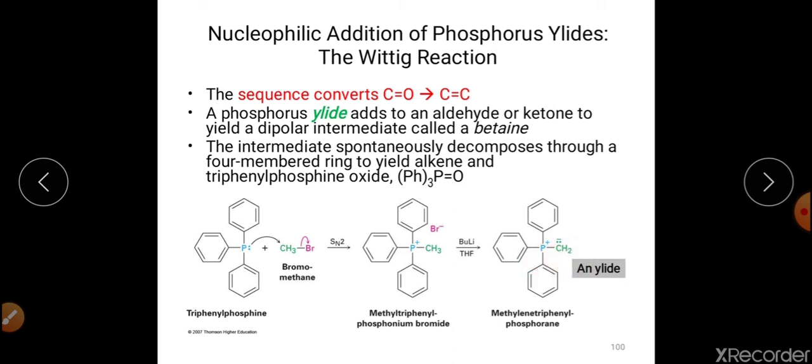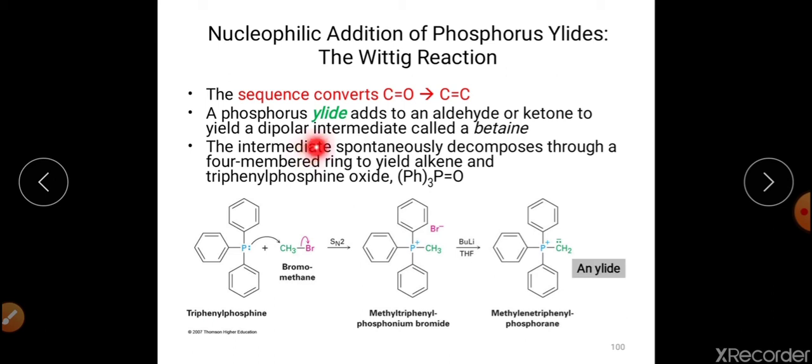Now what will happen in this reaction? This is basically a Wittig reagent, that is, phosphorus ylide is the Wittig reagent. What will happen in the Wittig reaction? In the Wittig reaction we generally take the ketones, or simply we can say carbonyl compounds, and that carbonyl compound is allowed to react with the phosphorus ylide, in which the C double bond O gets converted into C double bond C, that is, formation of alkene takes place.